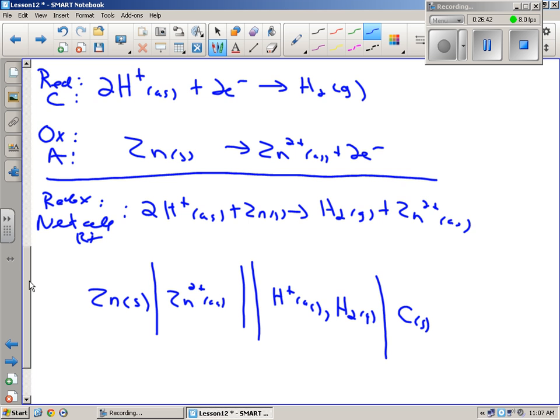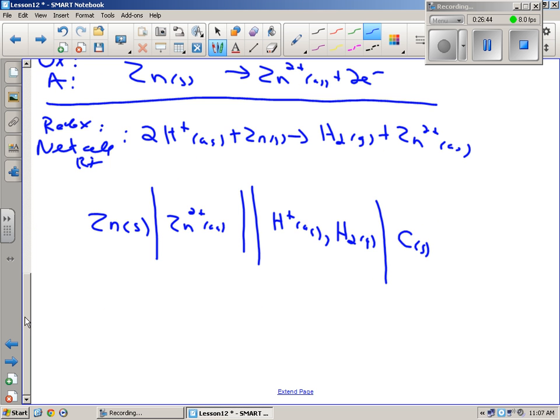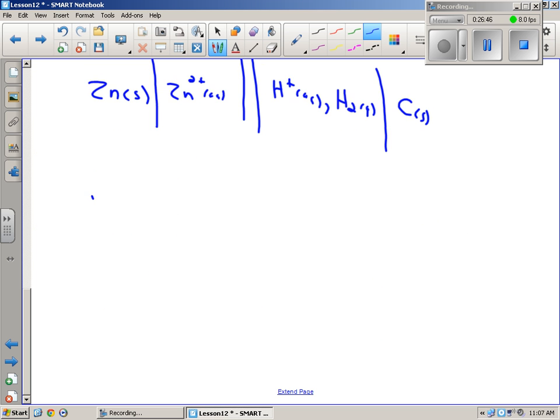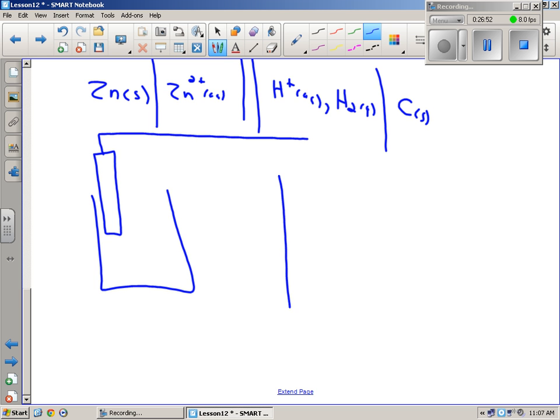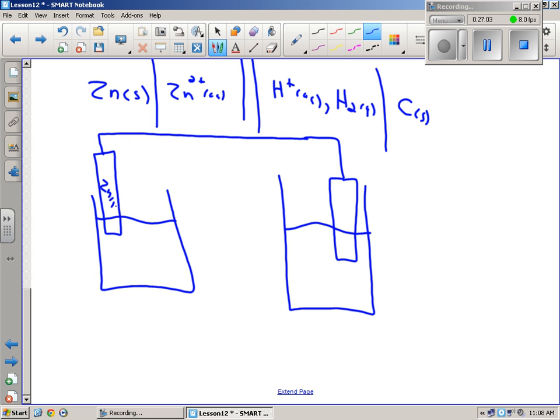If you wanted to draw this out, it would look something like this here. Real quick here. Okay, here's your half cell. This is your anode half cell. Cathode half cell. Okay, here we said zinc solid gives me zinc 2 plus aqueous. Okay, electrons travel up through there.